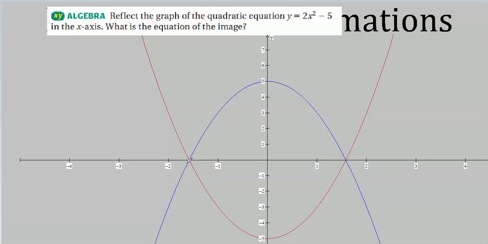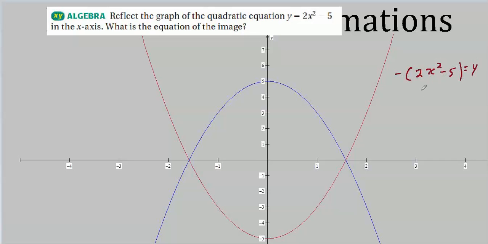So here's the new one. And what would the equation of that be? Well, that's kind of easy. If we make the y-coordinate negative, all we're doing is taking the negative of the entire thing, that is to say the whole equation, or we could write this as, oh, that's y, say.